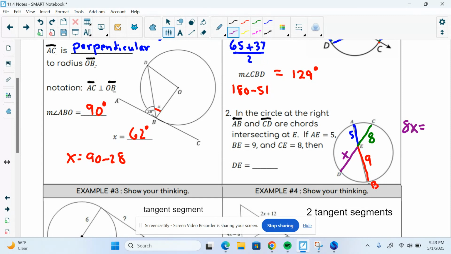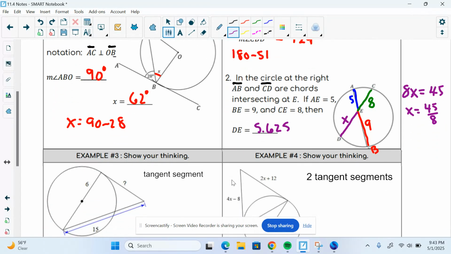The other chord AB has segments that are 5 and 9. So if I multiply 5 and 9, I get 45. Divide by 8, I get X equals 45 divided by 8. So DE is 45 divided by 8. I will grab a calculator and do that. It's 5.625, and I am finished. No, they do not have to come out to whole numbers every time.